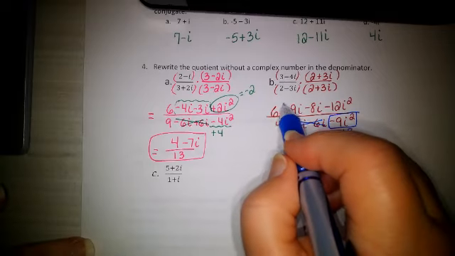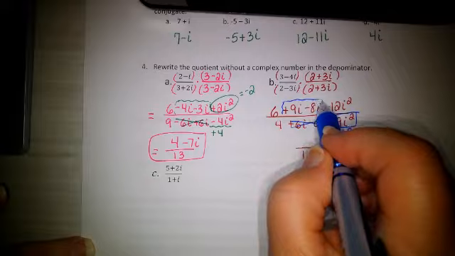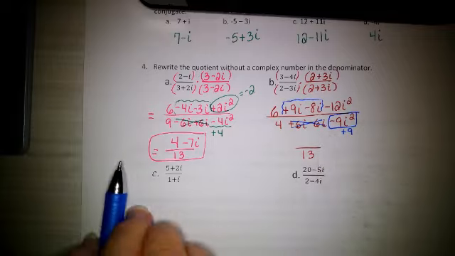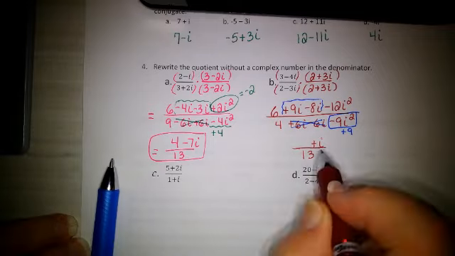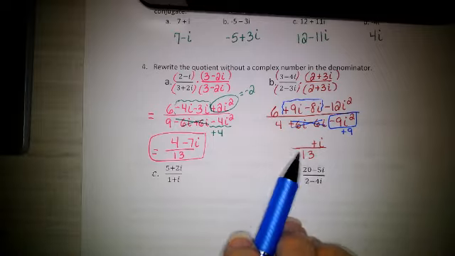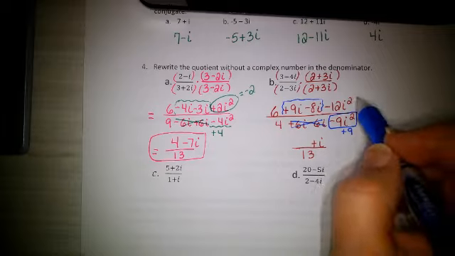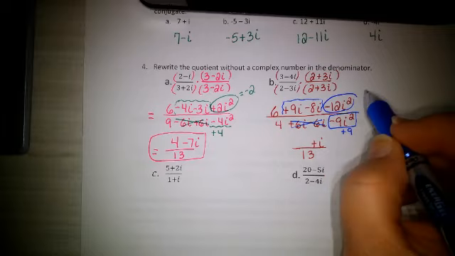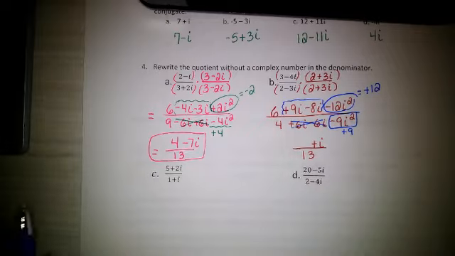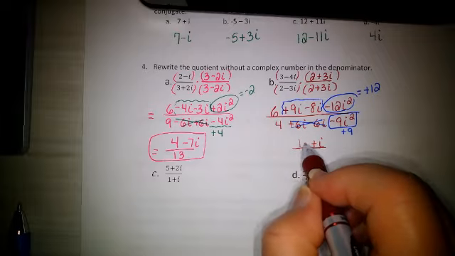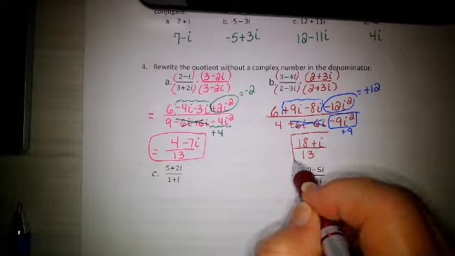My numerator, I have my like terms. 9i minus 8i is just 1i. And you, of course, don't have to put a 1 there, but if you do, it's not wrong. Negative 12i squared is really positive 12. So 6 plus 12 is 18. And there we have it.